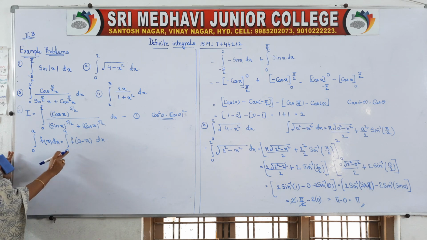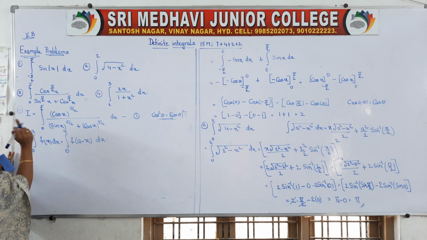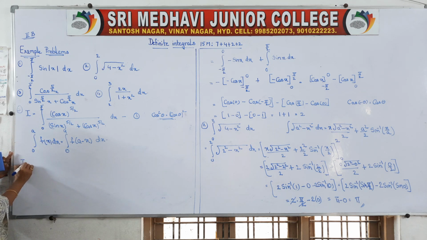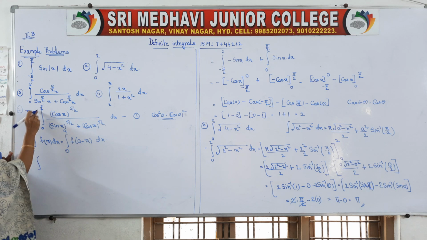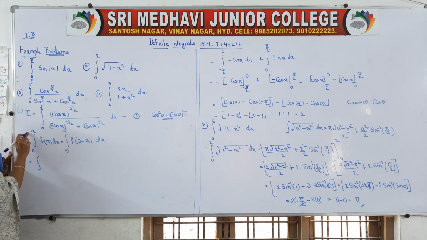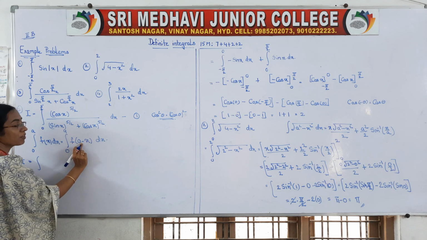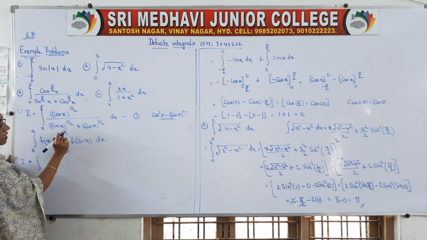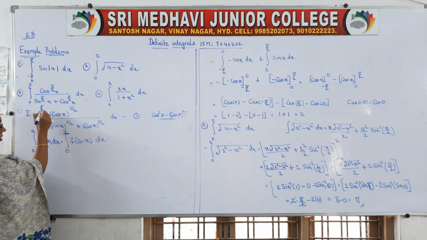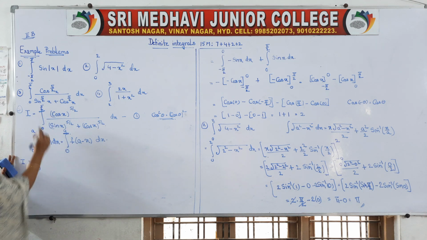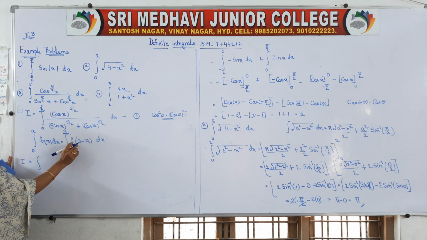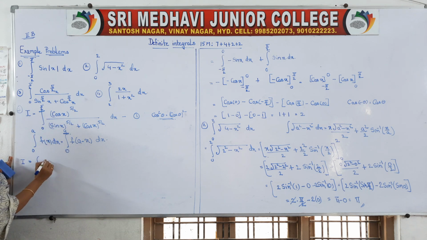This is the most repeated formula in definite integrals, right? So now we will apply this formula for this. So I is equal to, what happens? Here also it is of the 0 to a form. Whenever the problem is integral 0 to a f of x dx, we have to take integral 0 to a f of a minus x dx. In place of a we have pi by 2, so we can apply this formula. So what happens to this value?